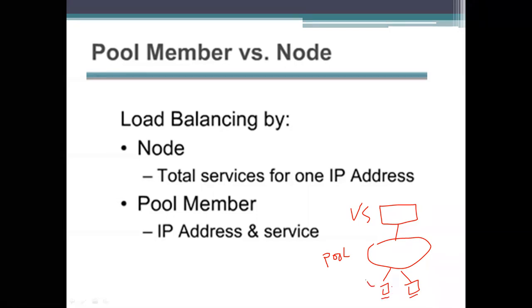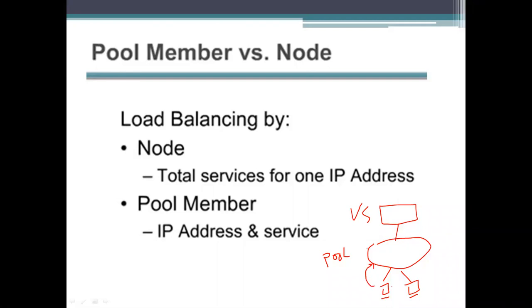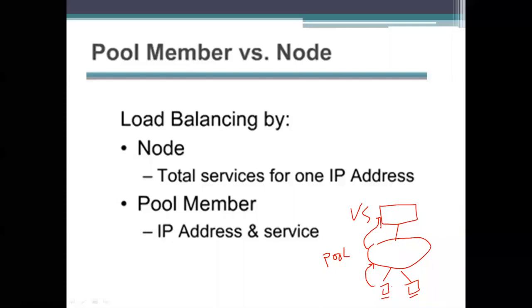So what we do is we create one pool, we assign nodes to the pool, and this pool will be bound to the virtual server. So what will happen, this F5 does load balancing here, and it also does monitoring of the backend servers.